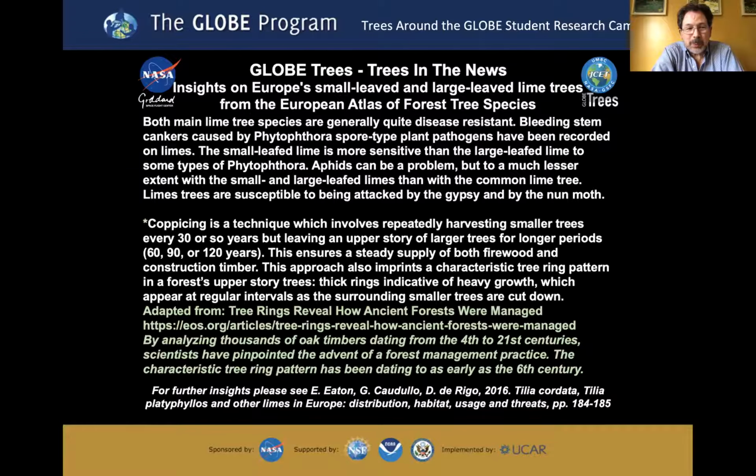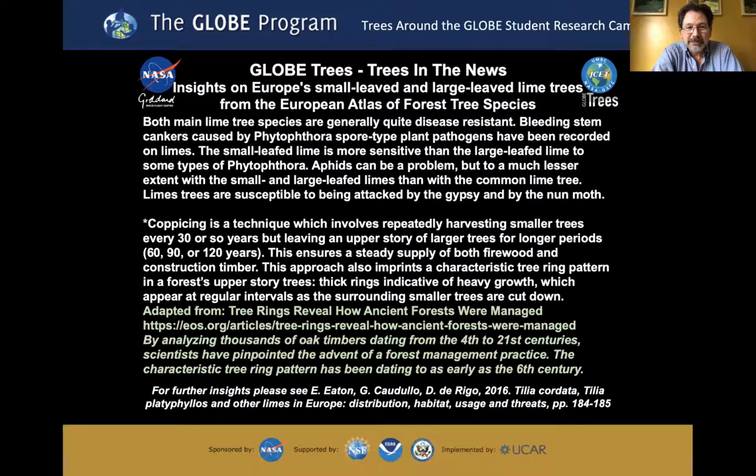This is just a general wrap up. The tree species, as you might suspect from how widely it's distributed, is generally quite disease resistant. There are some things that can attack it over time, and obviously they do age out at some point.